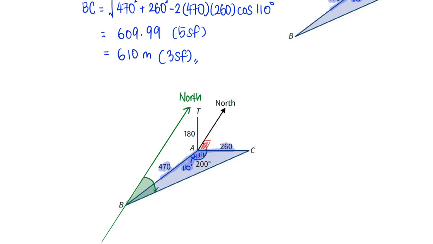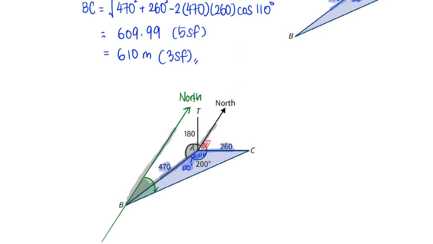Okay, so I see two parts. The first part would require us to see that if I know this angle here, which I can find easily, then I would be able to get this part of the angle, because I will have this interior angle.